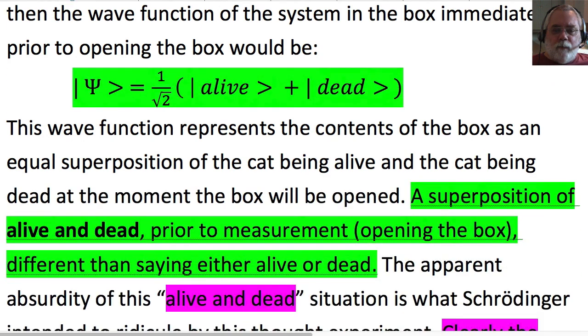This wave function represents the contents of the box as an equal superposition of the cat being alive and the cat being dead at the moment the box will be opened. A superposition of alive and dead prior to measurement, opening the box, which is a different way to say it than saying the cat is either alive or dead.